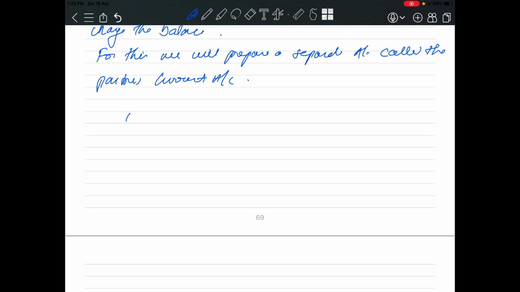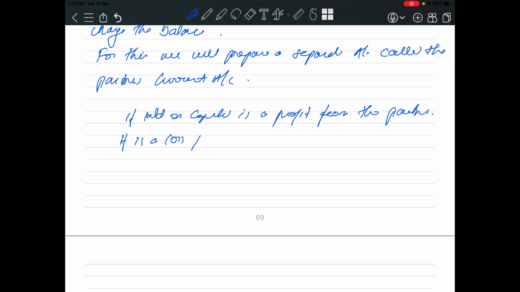Now see, if interest on capital is a profit for the partner, it is a loss for the firm. If interest on capital is a profit for the partner, it is a loss for the firm, right?